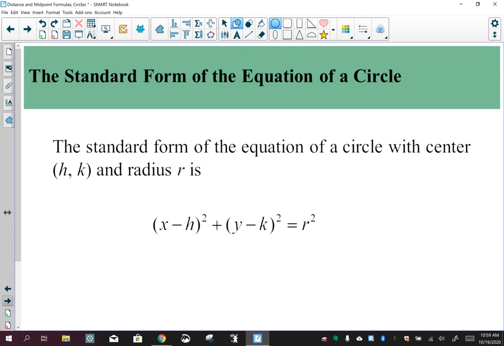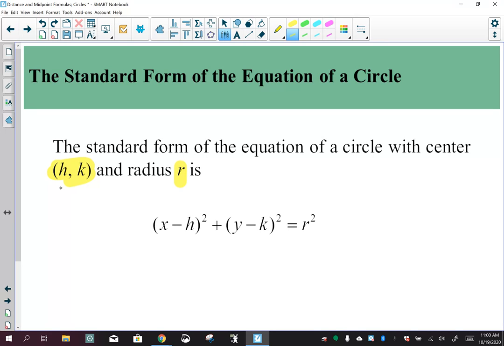So standard form of an equation. Standard form of the equation is when you're given the center, which is in the form of h, k, and your radius is r. So here's what you need to realize. Notice here where it says negative h.